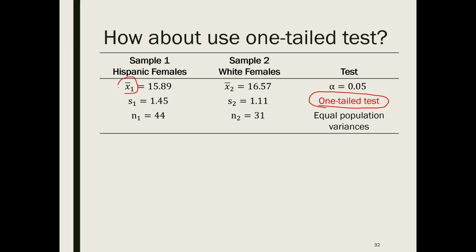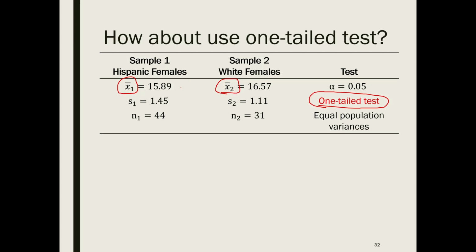Because X1 bar, the average age of the Hispanic female juveniles, is less than X2 bar. You make a good guess based on the mean. You don't guess randomly, like I guess white juveniles may be older or younger when they're being transferred to the adult court. You can't make that guess.